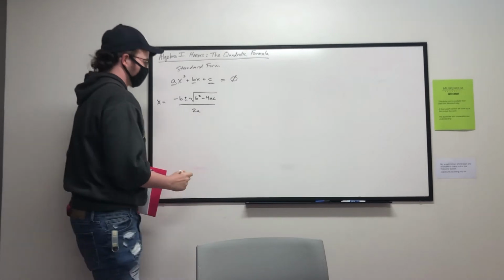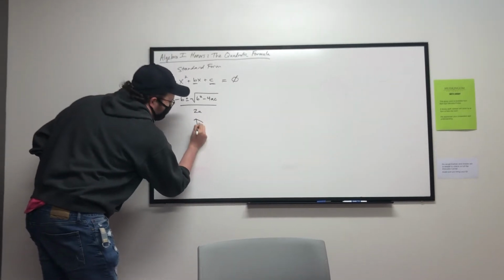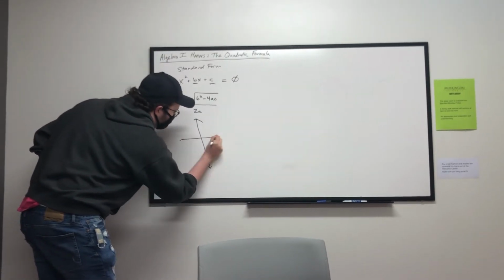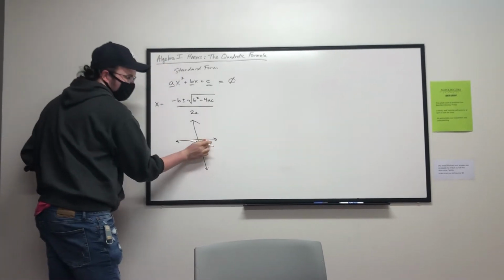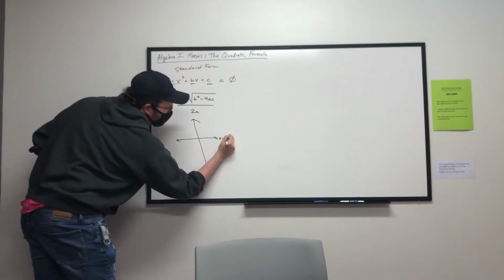So what we're doing is we're trying to find these certain points on a graph where x hits this x-axis.